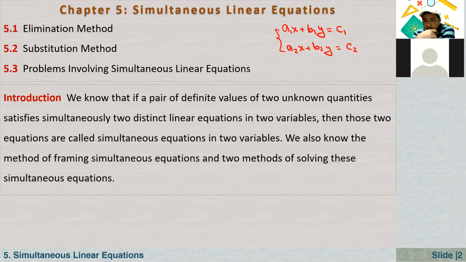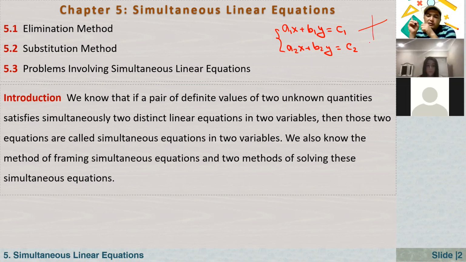And we know that the graph of the first equation is a straight line, and the graph of the second equation is also a straight line. If we are given two lines in the plane, we have three possibilities. Number one, maybe these lines are parallel to each other. Number two, maybe these lines overlap each other.